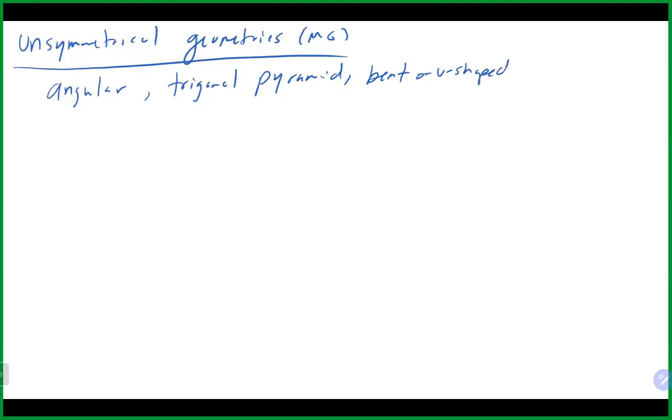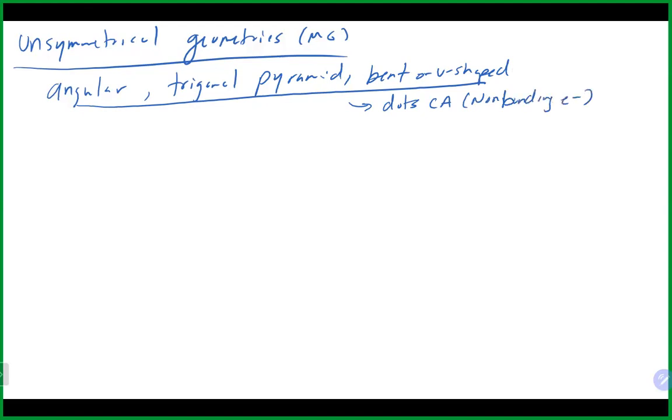What all of these have in common is that if you draw the Lewis structure, there are dots on the central atom, which are non-bonding electrons. And if everything is the same on the outside in terms of the elements present, it will most likely be a polar molecule.